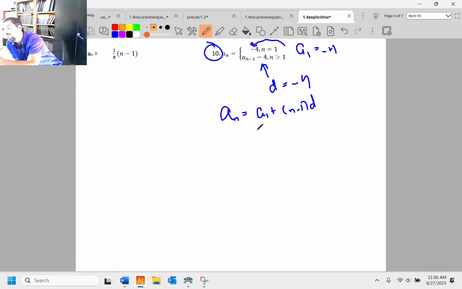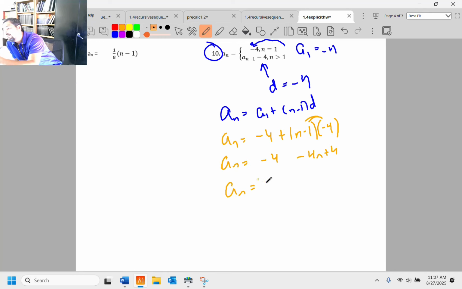Pick it, I don't care. First term is negative 4 plus parentheses n minus 1 times a negative 4. Now I like kids to stop at something that looks like y equals mx plus b, because that makes them realize that hopefully arithmetic sequences are linear in nature. So we're going to distribute the negative 4. That'll give us negative 4n plus 4. We just combine like terms.